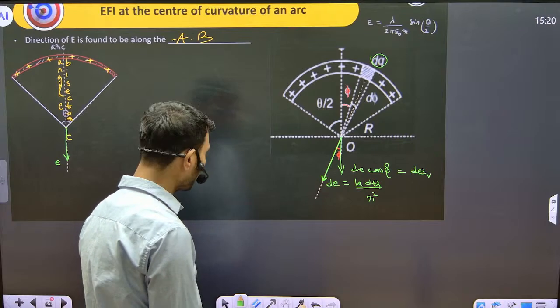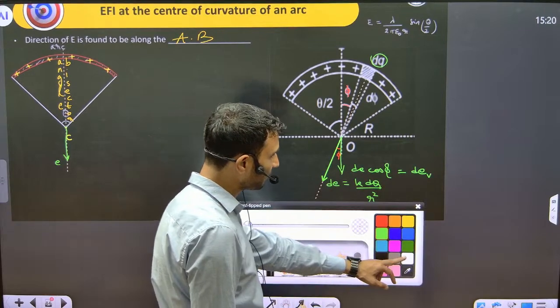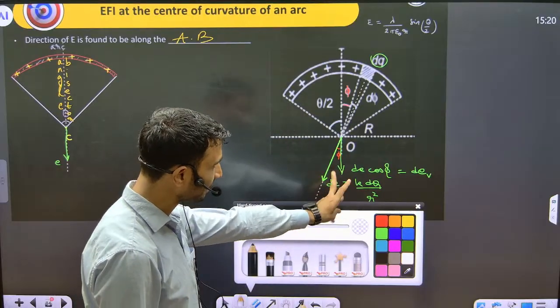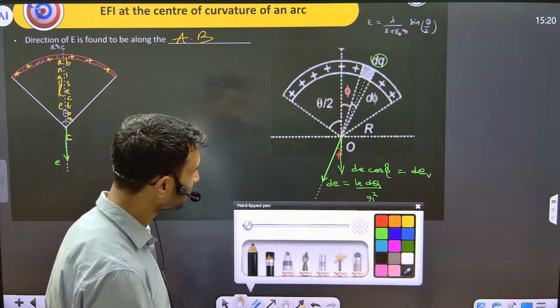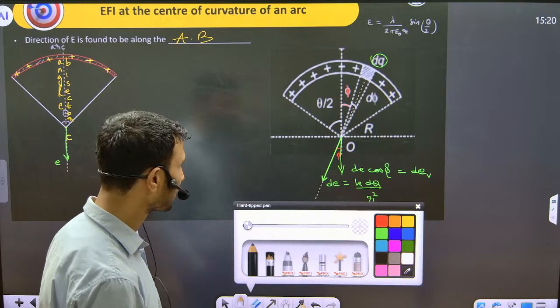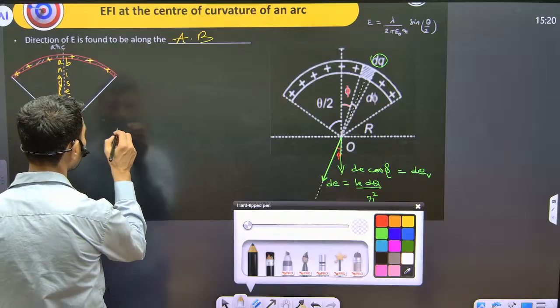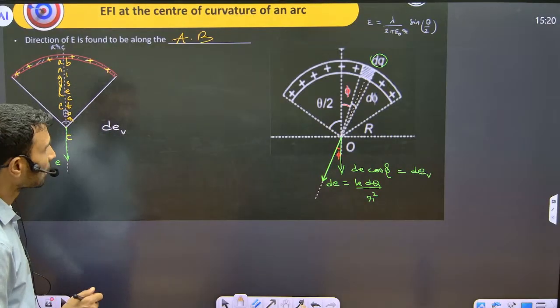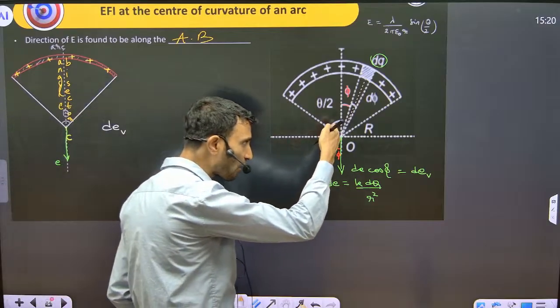Okay. So now we want to find out the total electric field at that point. I have to find out the value, what is the electric field at that point. So how do I get it, guys? I take dEv and I add all such dEv's.